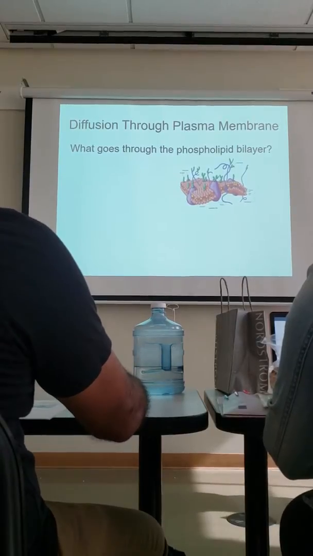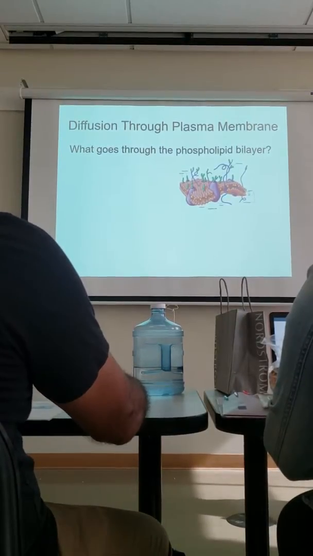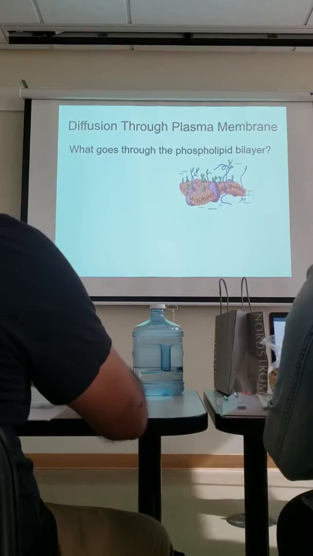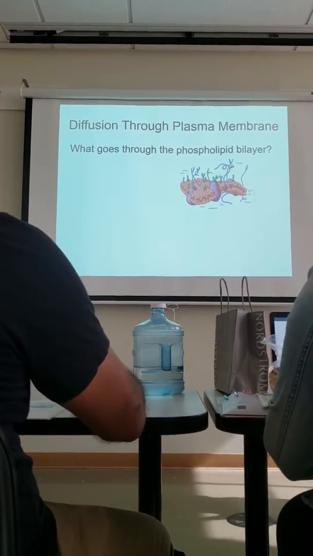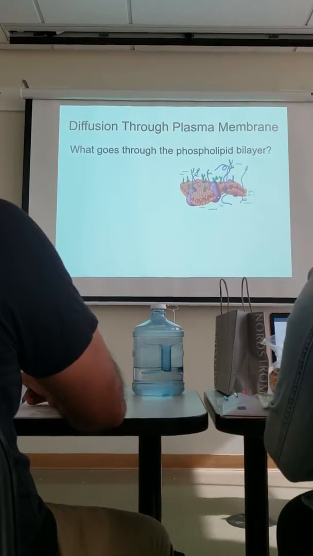Do you guys remember what hydrophilic means? Likes water. So the heads are facing the inside and outside of the cells, which is watery. And the tails were hydrophobic. What did that mean? They don't like water. So the tails are in the middle.